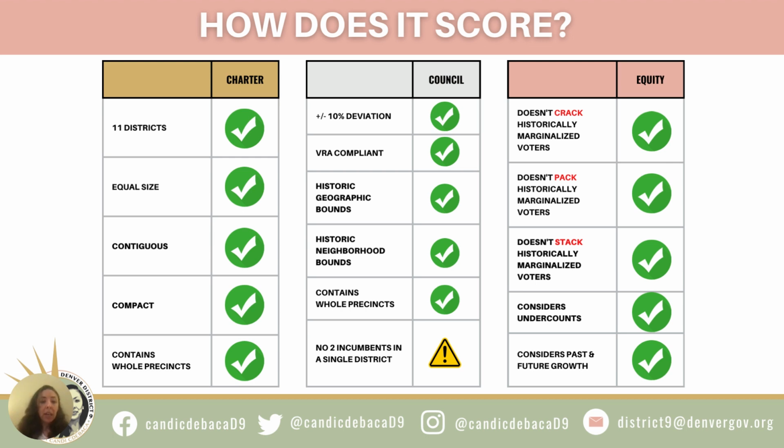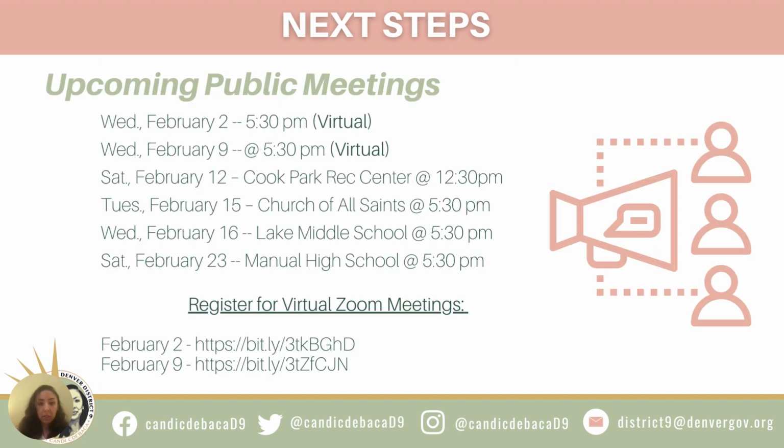So technically it does meet the criteria, but I wanted to call it out to be accountable for that and explain that while it didn't fully draw around council members' homes, I did it to the extent possible, given the other layers of criteria that I've applied. And then, of course, my equity criteria here was completely based on that criteria, so of course it met all of the criteria.